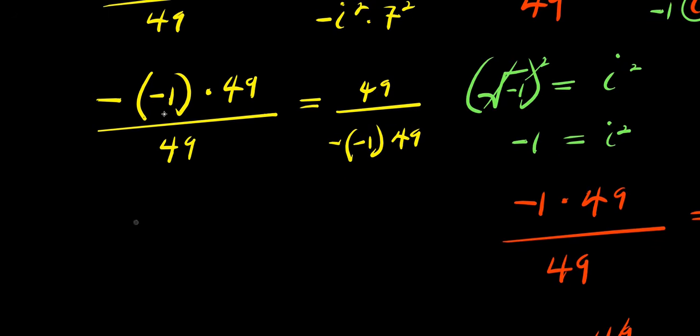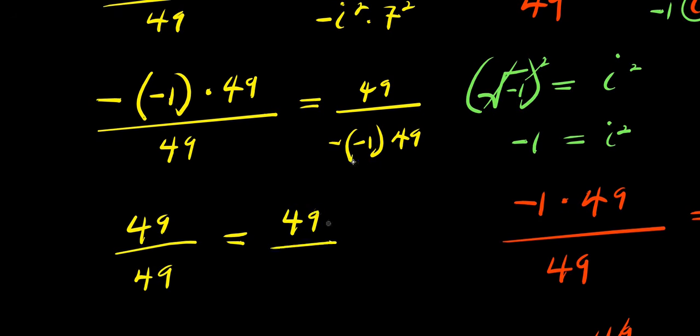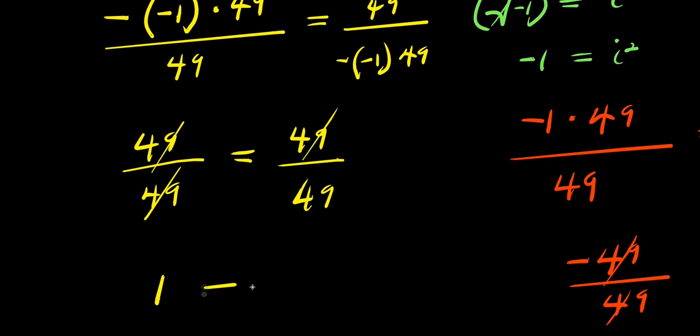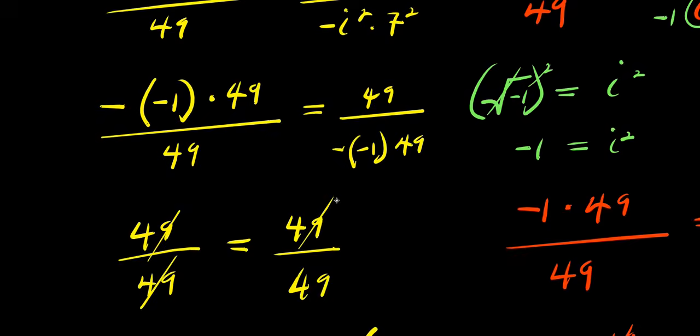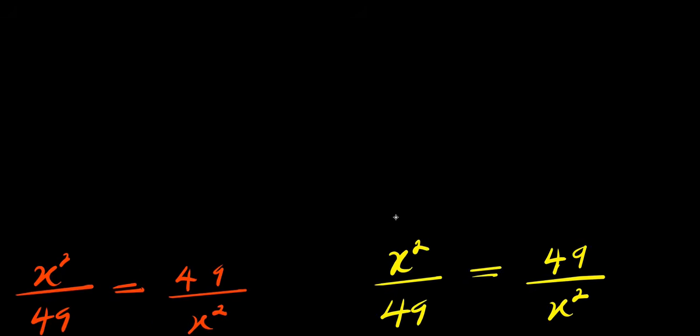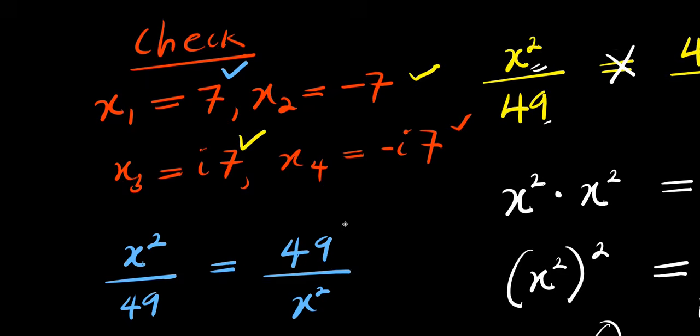So this will give us positive 1. This is 49 divided by 49 equals 49 divided by 49 again. So this cancels this. We have 1 equals 1 on both sides. This also has satisfied the equation, meaning all the solutions have proven to be correct.